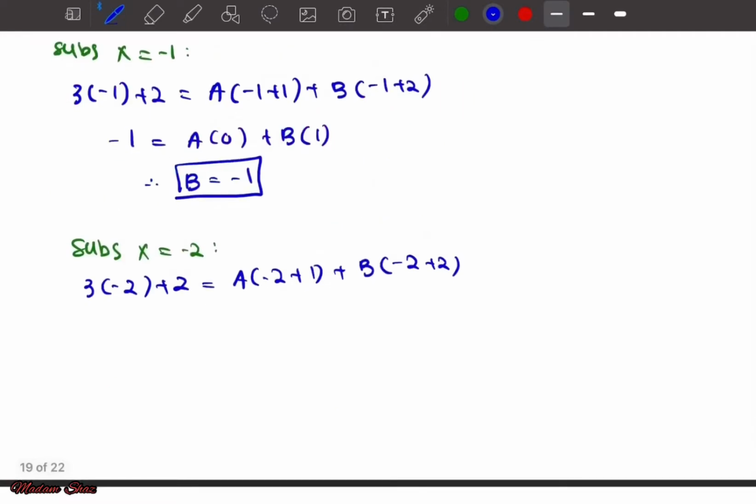So simplify the value on the left hand side. 3 multiplied by -2 plus 2 will become -4. A multiplied by -1 plus B multiplied by 0. So therefore A is equal to 4. So you will have the same values of A and B whether you solve using the first method or the second method.